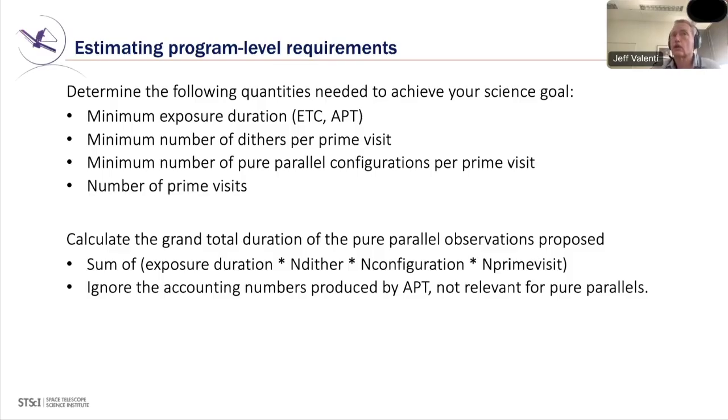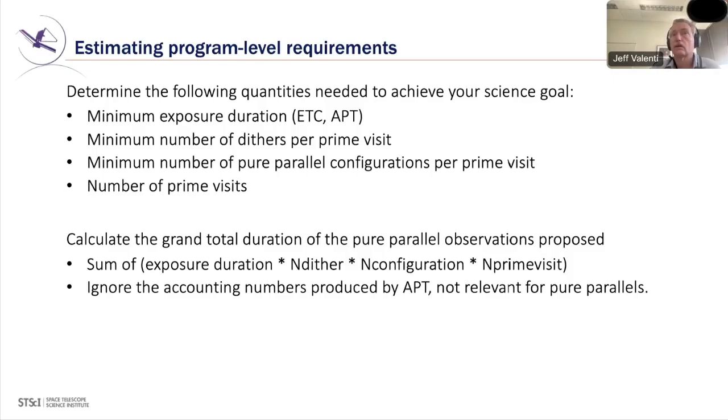But it turns out that the pure parallel observations can only change configuration, like use a different filter, when the prime visit changes its configuration. So it's an important constraint.